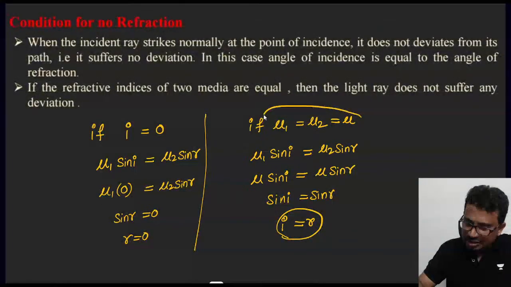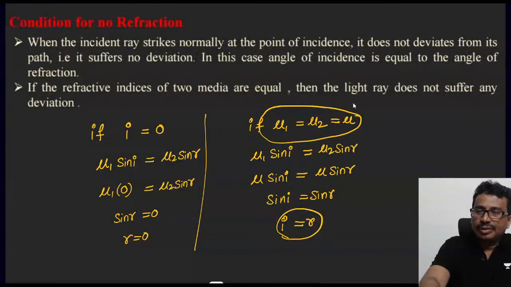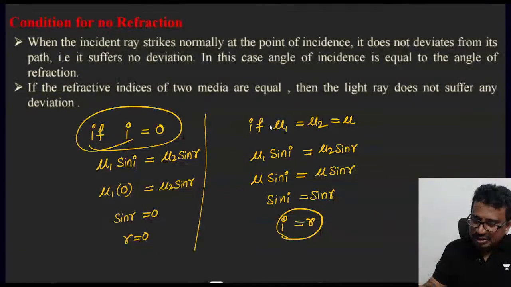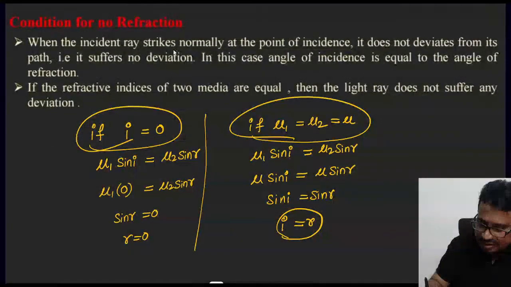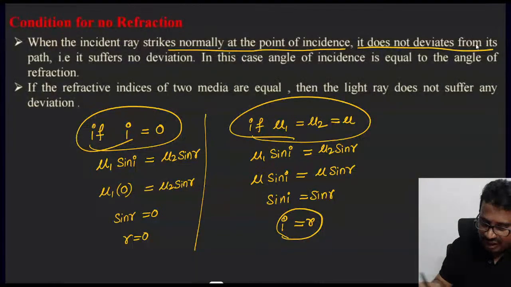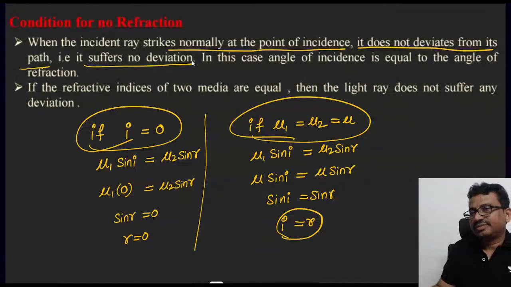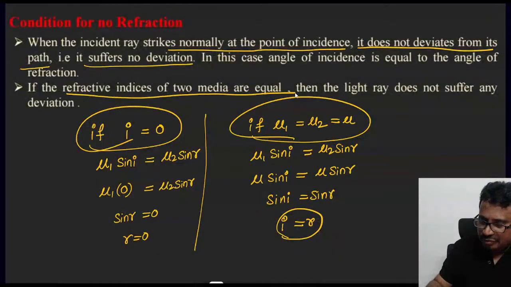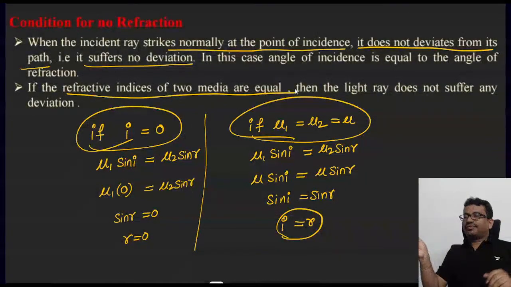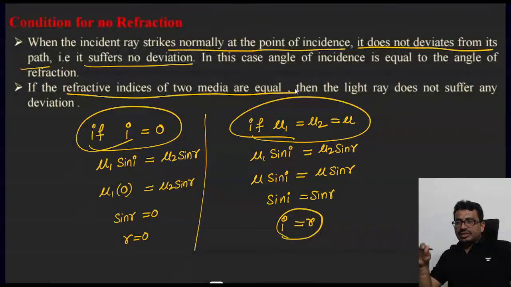Under these conditions, there is no refraction. When the incident ray strikes normally at the point of incidence, it does not deviate from its path, so deviation is 0. The second scenario is when the refractive indices of the two media are equal; in that case also we don't have any deviation.